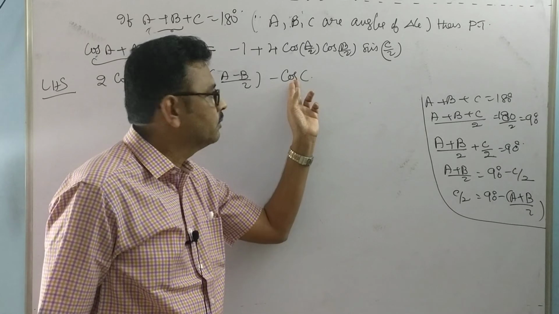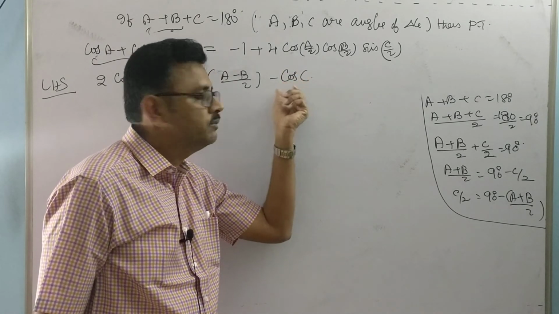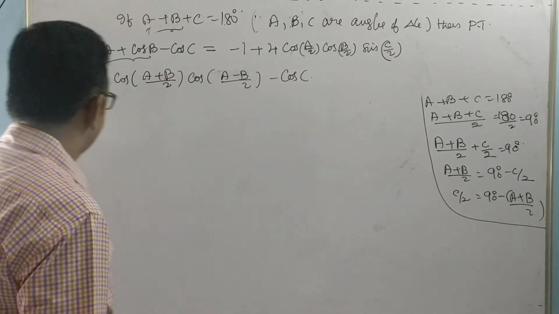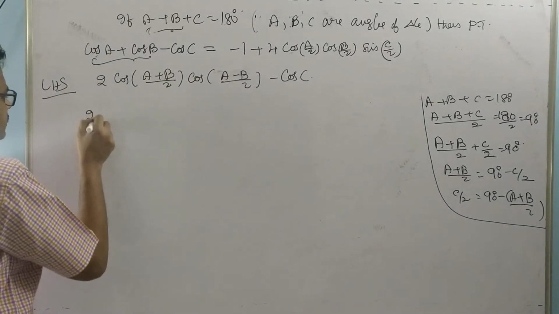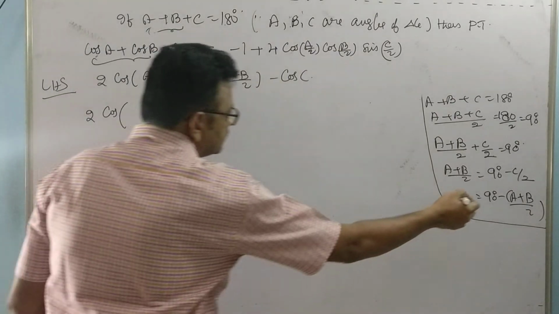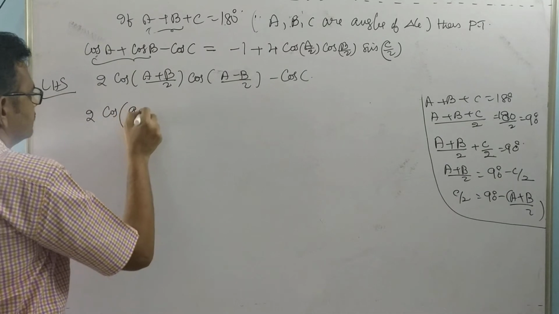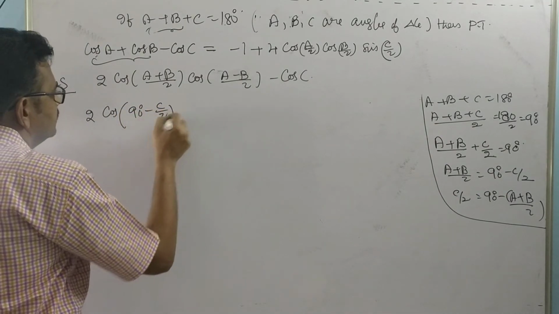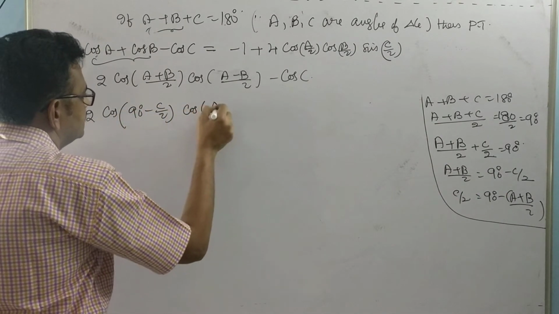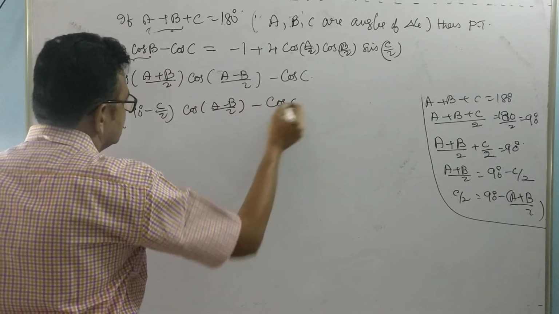So don't write now, don't decide now. We will decide later. So 2 into cos of (A plus B) by 2, which means A plus B by 2 is 90 minus C by 2, into cos of (A minus B) by 2 minus cos C.